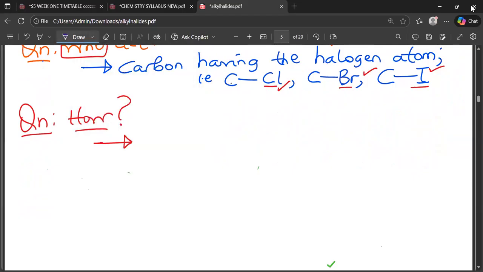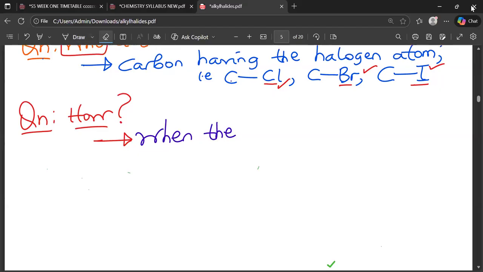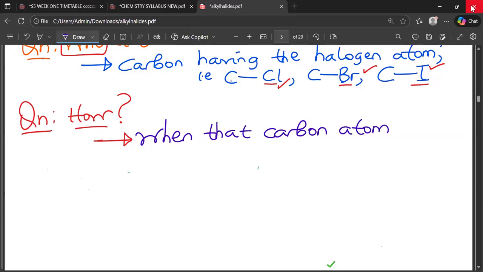So we are going to say, when that carbon atom, which one? This one.